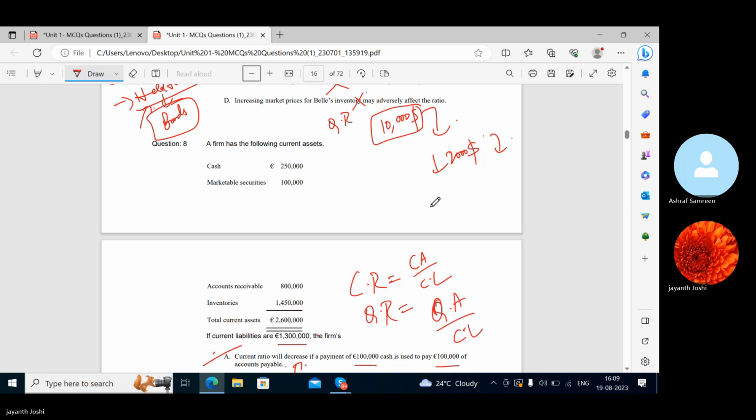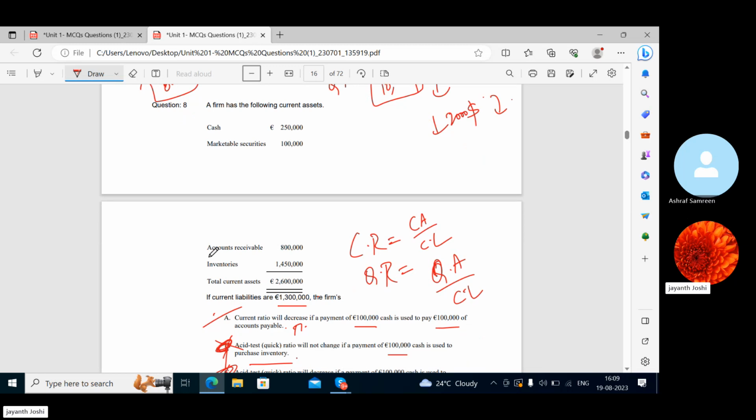A, current ratio will decrease if payment of cash is used. First of all, what is the current ratio? Current ratio is 2.6 by 1.3. So it is 2:1, right? So current ratio will decrease if payment of this much cash is used to pay this much of accounts payable.